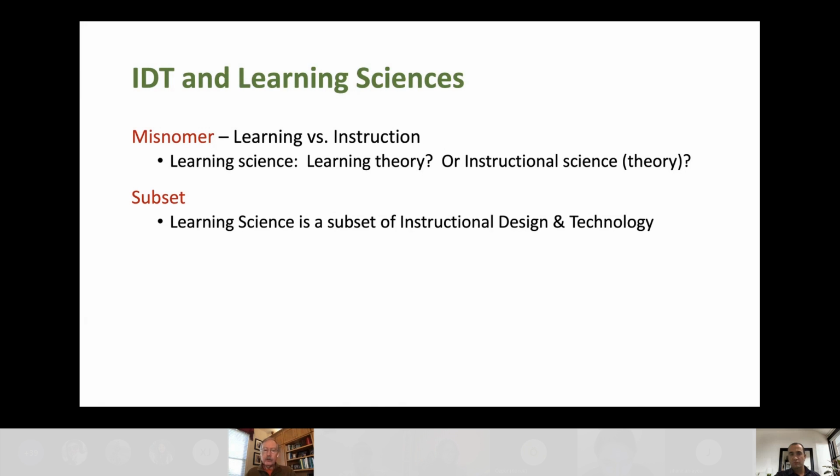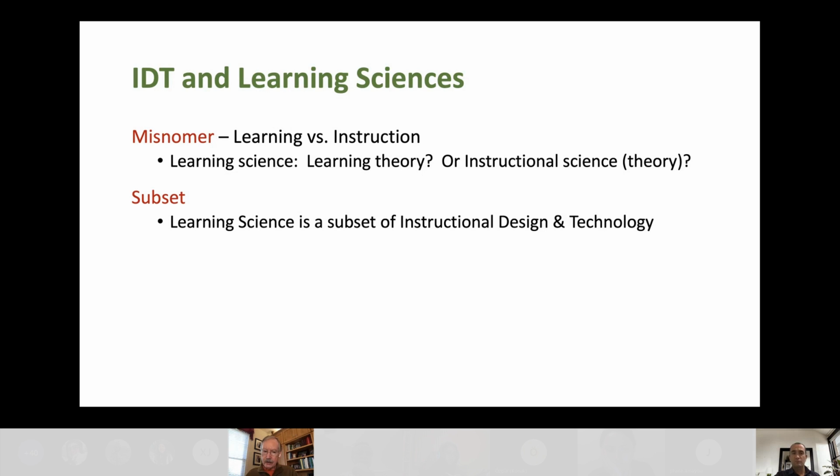But in fact, you could view it as a subset of IDT because IDT devotes a lot of attention to guidance for the instructional design process. The ADDIE model is a fine example of that. Learning sciences don't address the instructional design process at all.